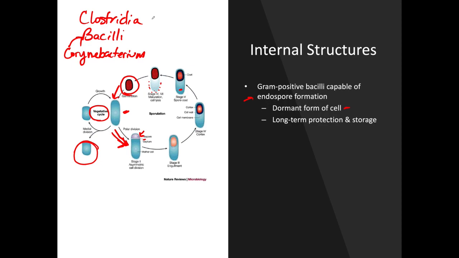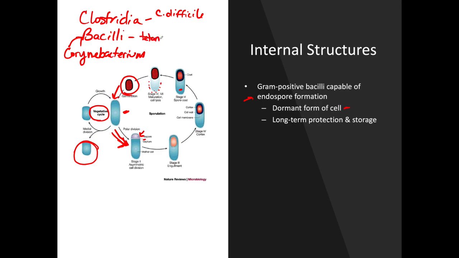Why are these important? Clostridia over here causes C. diff infections. So you may have heard of C. difficile or a C. diff infection. That's a gastrointestinal infection that's really severe and oftentimes causes ulcerations and bleeding. Clostridia also causes botulism. That's another one. Bacilli can cause, what is it? You get it from soil, tetanus, excuse me.